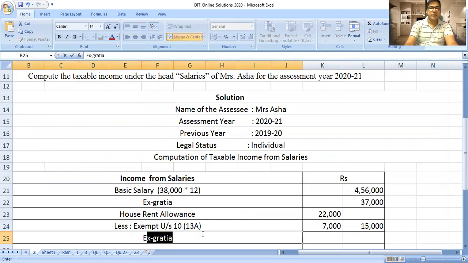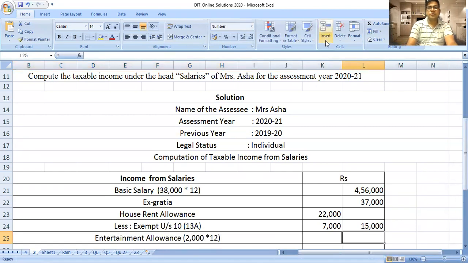So we will write here entertainment allowance 2,000 multiplied by 12, per month they are provided. So how much is it? Yes, Vijay, 24,000 is right. So 24,000.